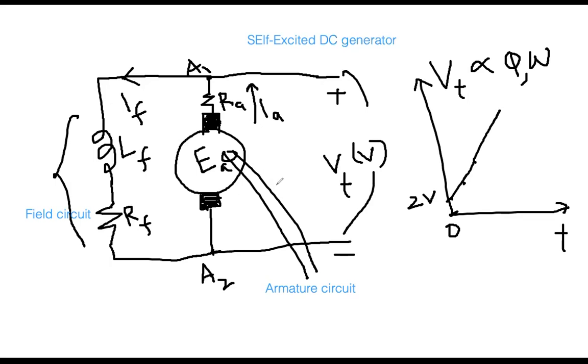The armature is rotating with the help of the shaft, but there is a lack of phi. The field is not magnetized, because this is dependent on that. If there is no voltage, it will not. It is called self-excited. So if you always get 0 volt, what would you do? You have to do this thing.